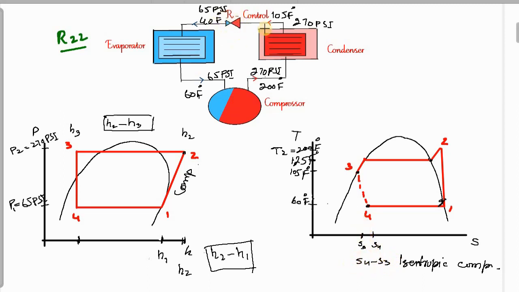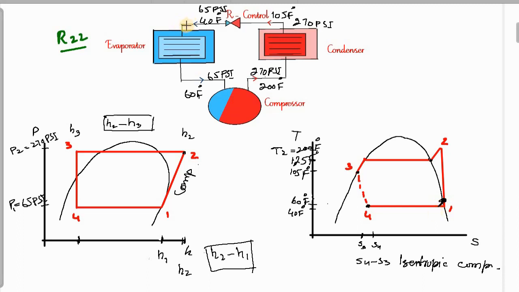The temperature decreased here from 105 degrees Fahrenheit to 40 degrees Fahrenheit. So the new temperature will be 40 degrees Fahrenheit, and this corresponds to point number 4. This 60 degrees Fahrenheit corresponds to this point here. This is our curved line, which denotes the superheated condition.